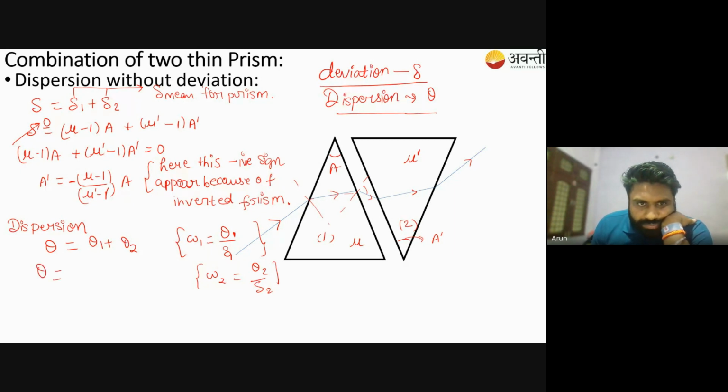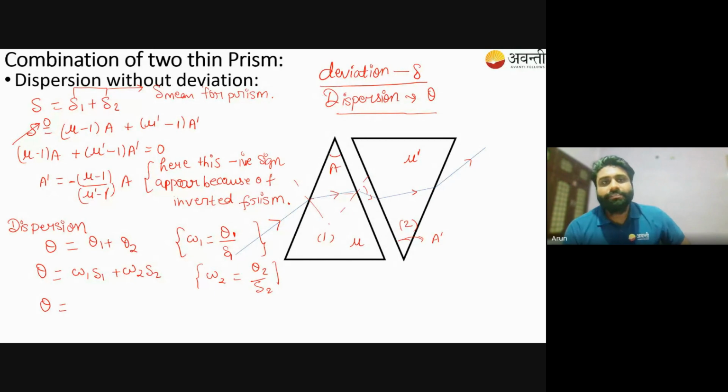Okay. So put the value here. What is the value of theta 1? Just cross multiply this thing. We will have omega 1 del 1 plus omega 2 del 2. Now we have the value of del 1 and del 2 here. Del 1 and del 2 play no role in this concept, because in this concept we are seeing the dispersion but without deviation.